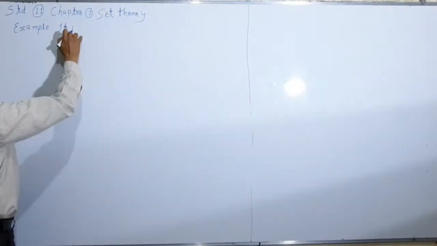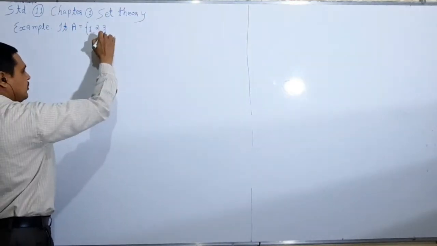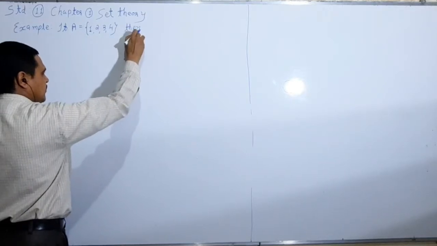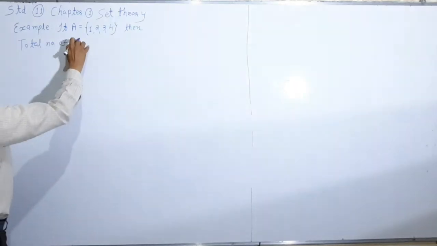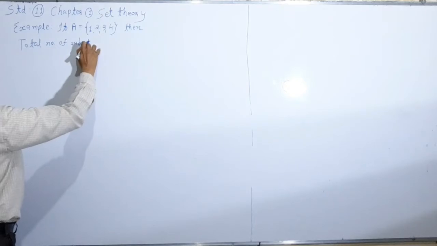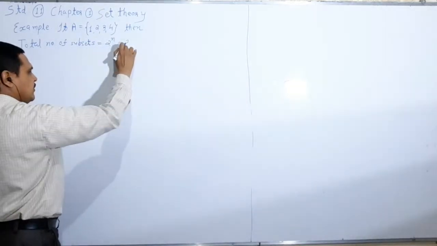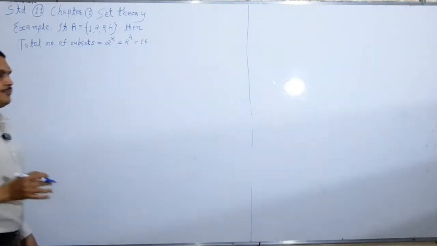If A is equal to {1, 2, 3, 4} is a set, then total number of subsets is equal to 2 raised to n is equal to 2 raised to 4 is equal to 16.